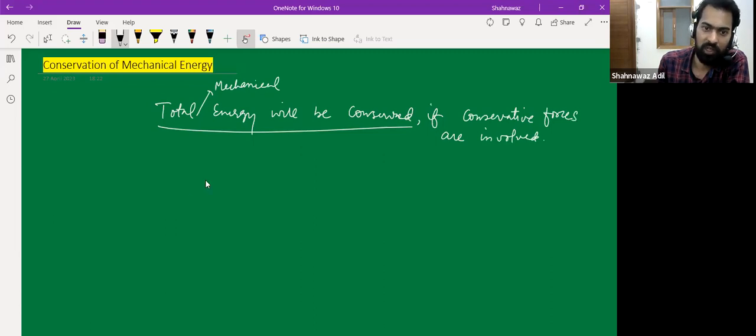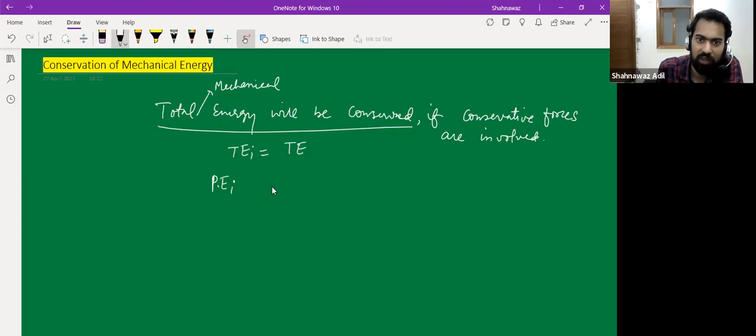Right. So let's say you have the initial energy like this. Total energy initial is equal to total energy final. Right. So total energy initial is potential energy plus kinetic energy. And the final energy is potential energy final plus the kinetic energy final.